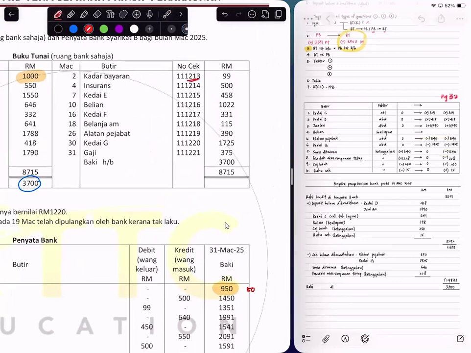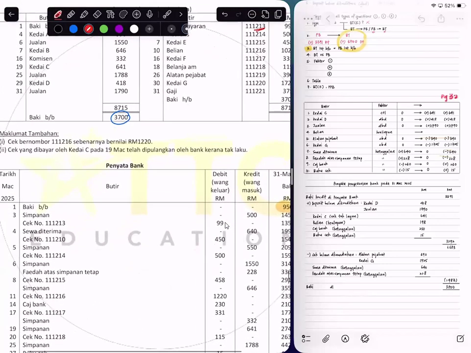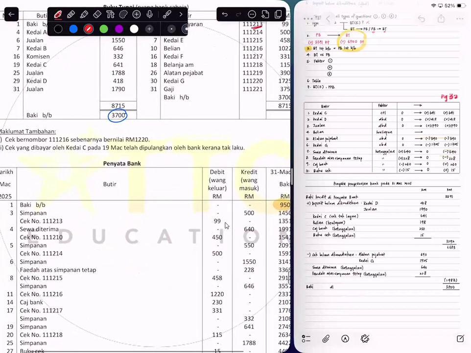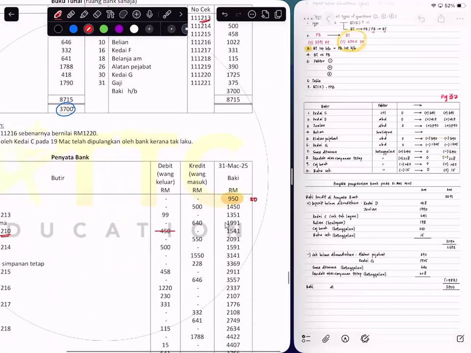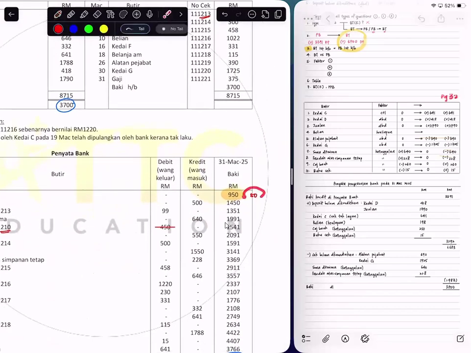So any cheque number before this value, before this number range, should be last month's cheque lah. So let's check in the penyata bank. Do we see any cheque number before this? Yes, we got this, and this is 450. It should be last month's cheque that has been fixed in the last month. So we don't need to do anything in this month. But we need 50.